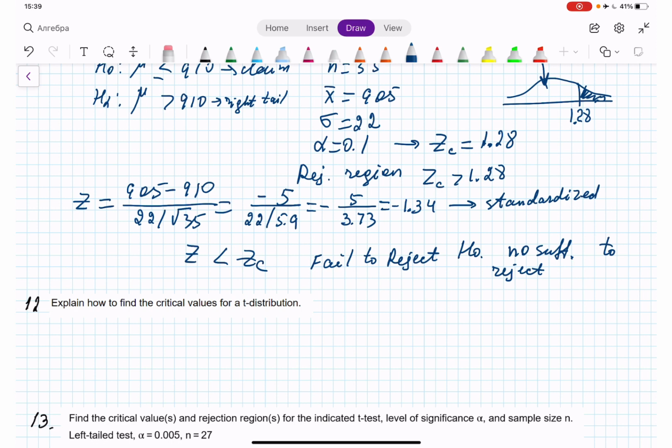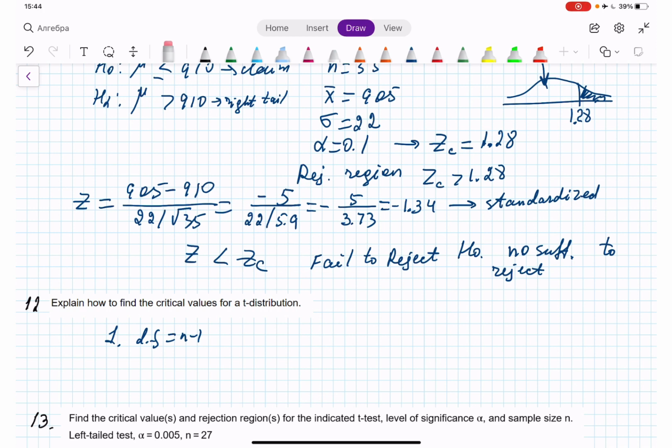Explain how to find critical value for T distribution. Okay, very easy. First step, we need to find degree of freedom, n minus 1, okay?